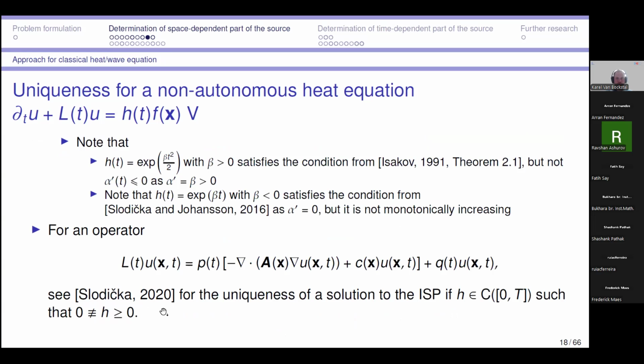And then later on, in a paper in 2020, Slodička showed also a uniqueness result, but for a special case of the time-dependent operator L, namely that you can factorize the time-dependent part by a function p(t). Here there is also an additional term, c u divided by p, with a different function instead of p considered, and then uniqueness is shown under the assumption that h is positive or negative, non-zero.